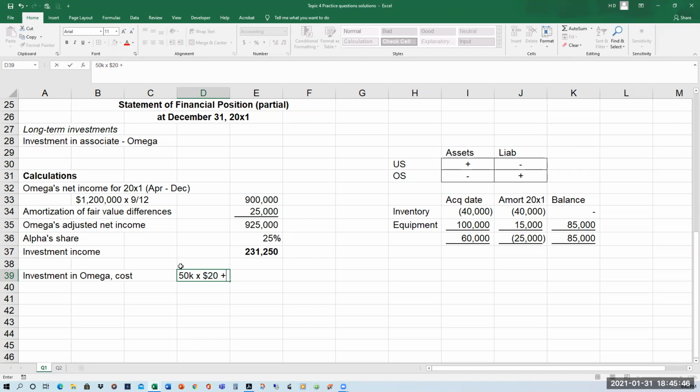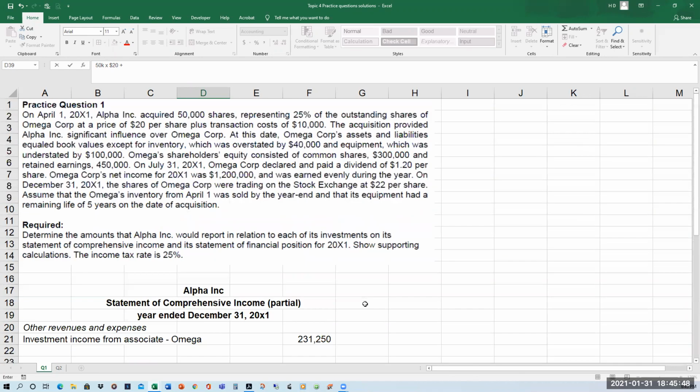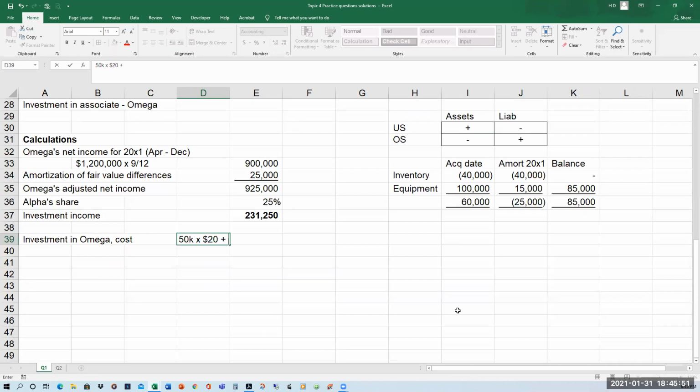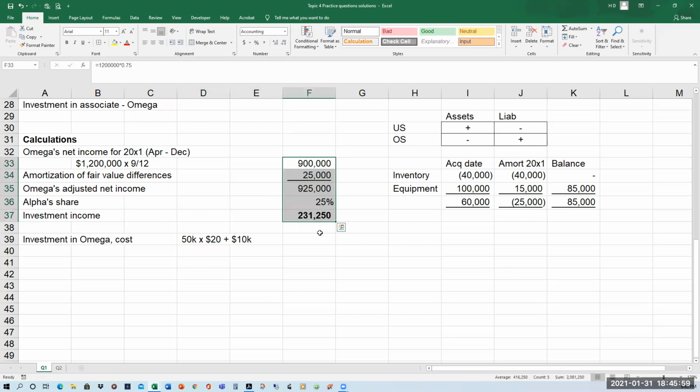And then you have to remember that the transaction costs of $10,000 are to be added, right? Transaction costs are capitalized. So if we do that, we get 50,000 shares times $20 plus $10,000 of transaction costs.